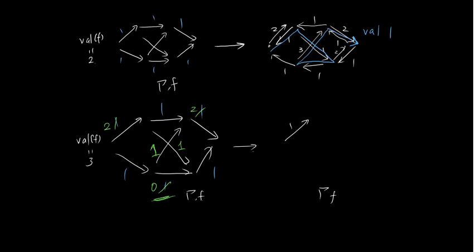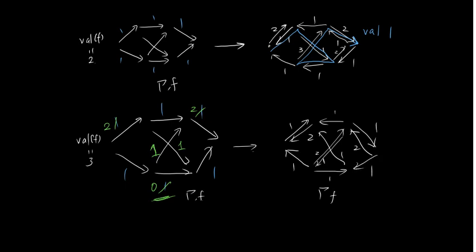This is 3, and you can go back by 2. 1, 2, 1, 3. 2 and 1. 1, 1, almost there. 1. Okay, I believe you can do that.